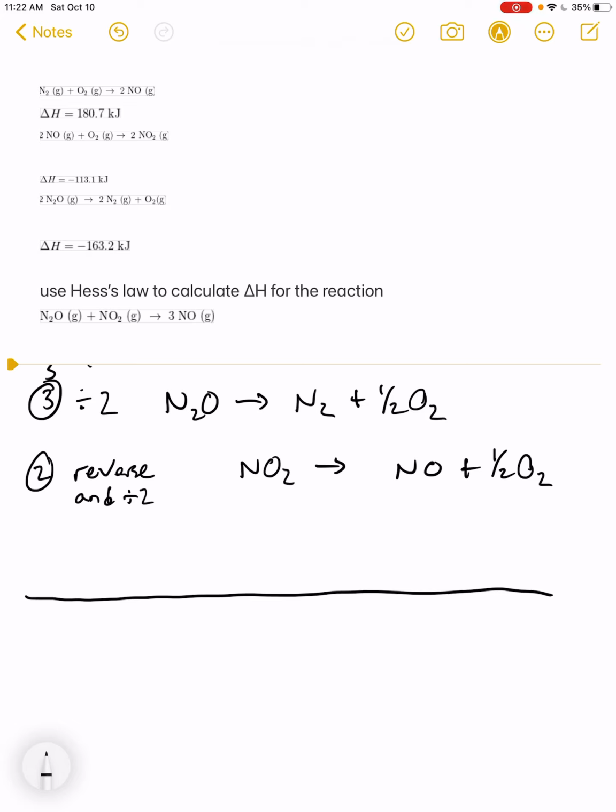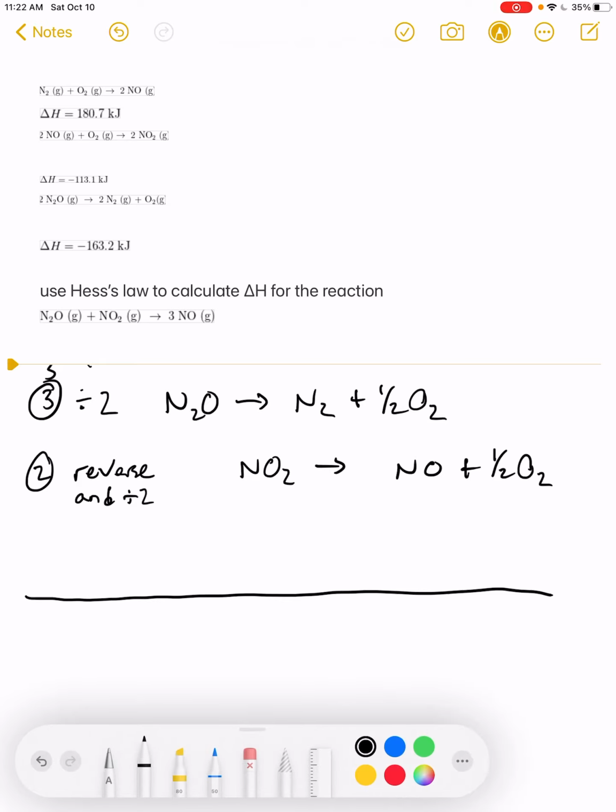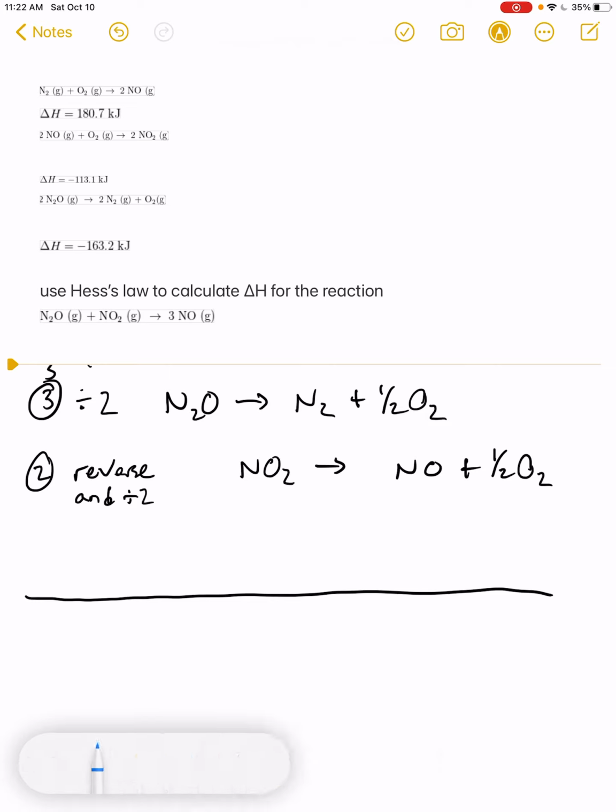So let's take a moment and look at what we need and maybe what we have that we don't want. So if I look at this, I have what I want on the reactant side. I have a N2 on the product side now that I really do not want.